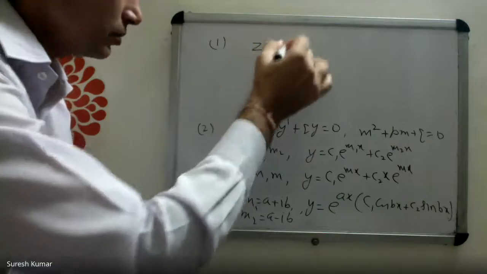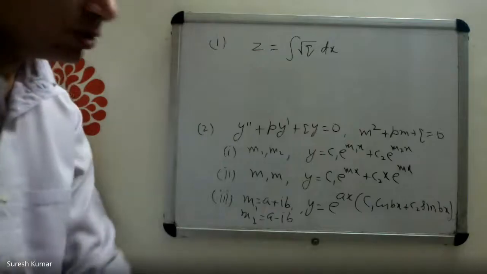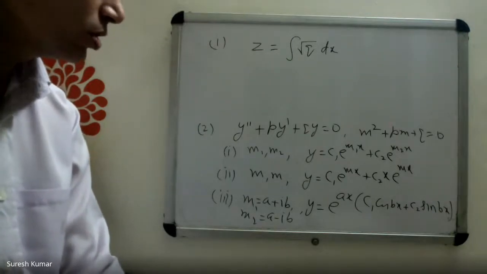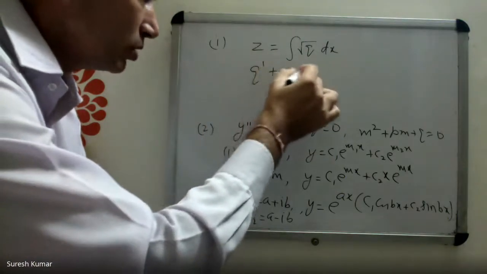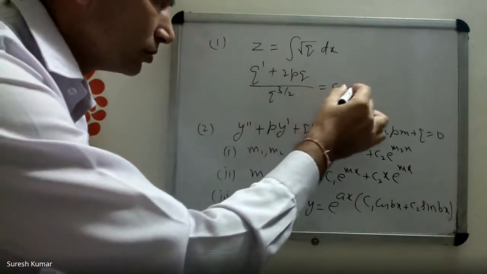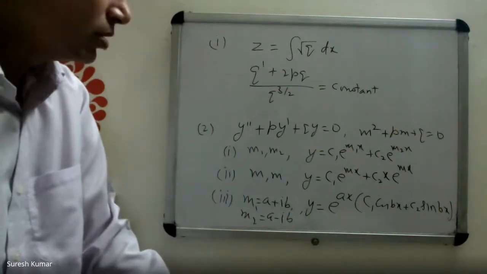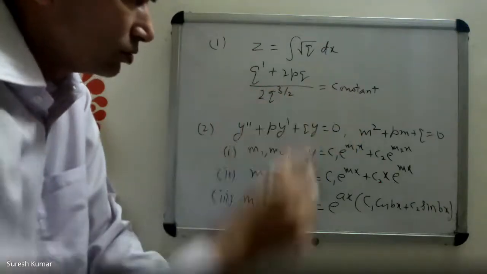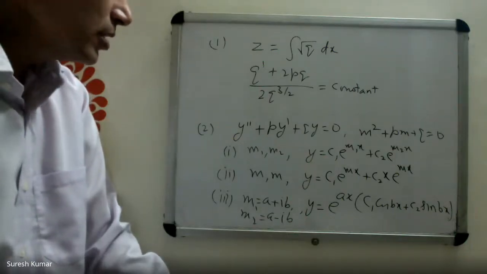First, this transformation can work to reduce the given differential equation to an equation with constant coefficients, provided (q prime plus 2pq) over q power 3/2 is a constant. Okay, then it's constant, so you can write it. So this is one case.